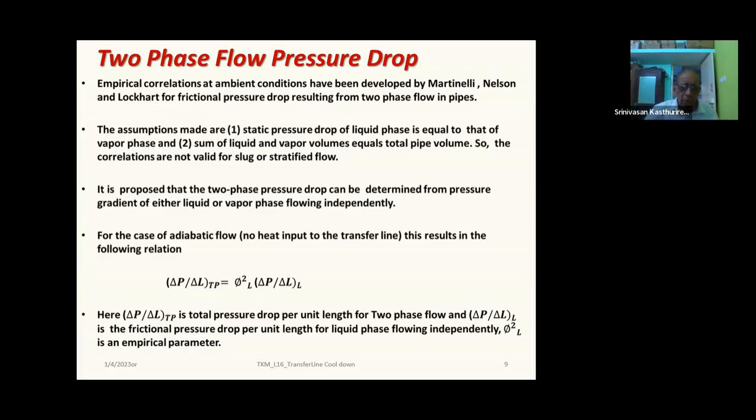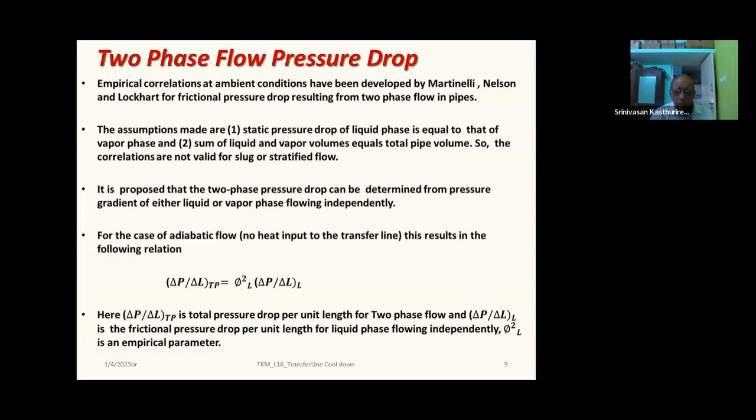The assumptions made in this analysis for determination of two-phase flow pressure drop are, first of all, that the static pressure drop of the liquid phase is equal to that of the vapor phase. That is, the pressure drop of the liquid phase is the same as the pressure drop of the vapor phase in the static condition. Then the sum of liquid and vapor volume should be equal to the total volume of the pipe.